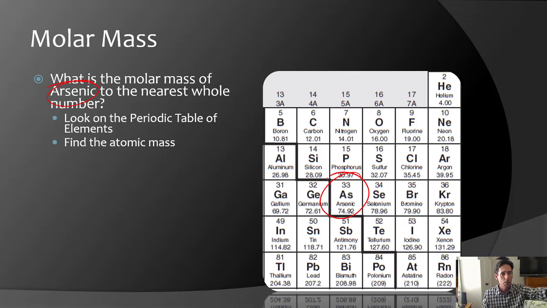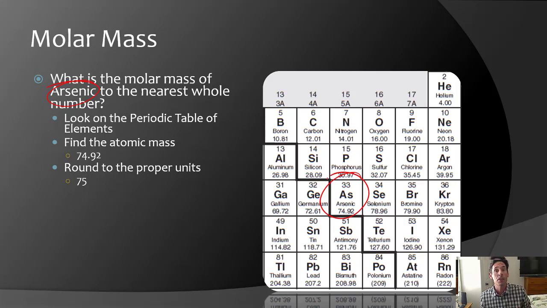And when you look, I want you to find the atomic mass, and you find it to be 74.92, okay? That's the atomic mass. So what I want you to do is, first off, round it. So when we round that to the nearest whole number, I'm hoping you get 75.